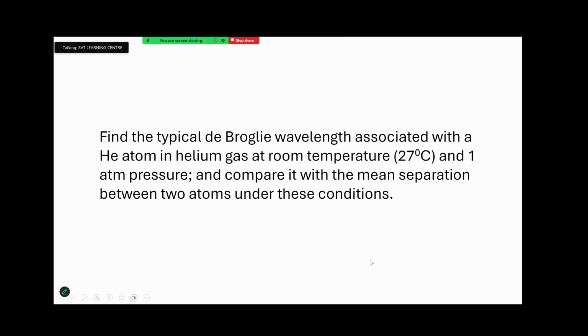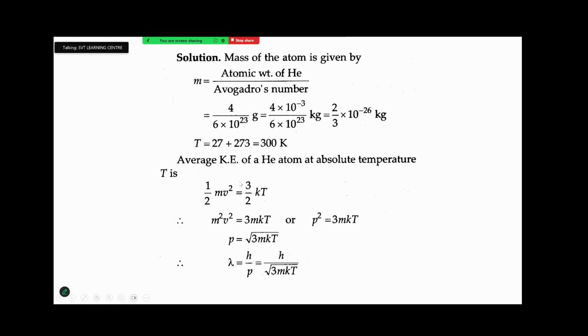So we have to find out the de Broglie wavelength associated with a helium atom at room temperature, that is 300 Kelvin, and 1 atmosphere pressure. Compare it to the mean separation between two atoms under these conditions. First of all, if you know the temperature, you can find out the wavelength by using h/√(2mkT).